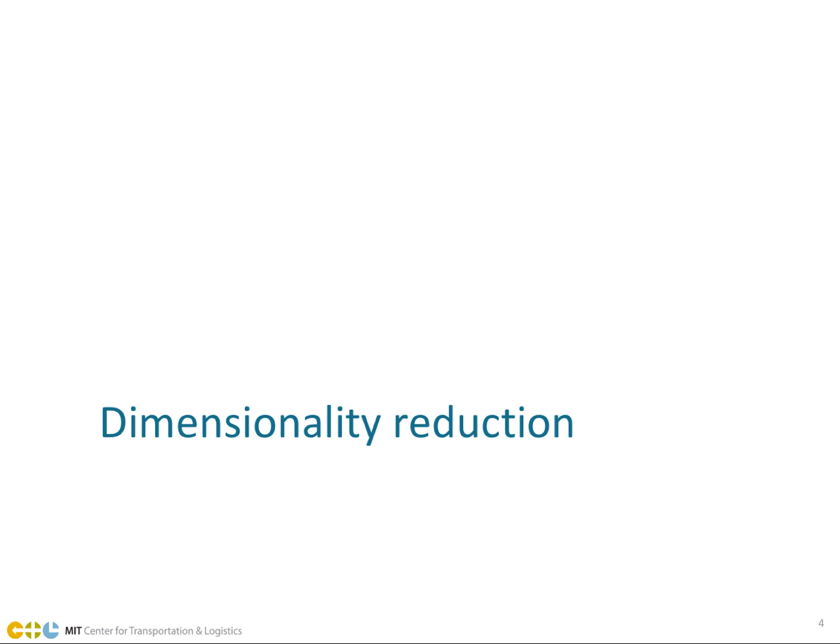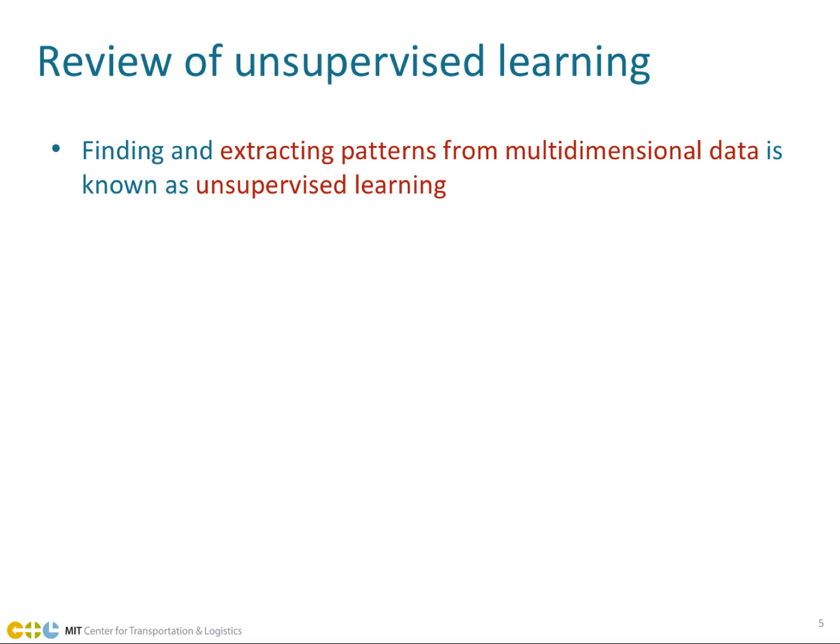The first thing that we're going to focus on in this segment is dimensionality reduction. And it's actually going to play a big role in unsupervised classification. And remember, just as a quick review, unsupervised learning refers to the process of finding and extracting patterns from multidimensional data sets. And we're going to be doing that without any labels.